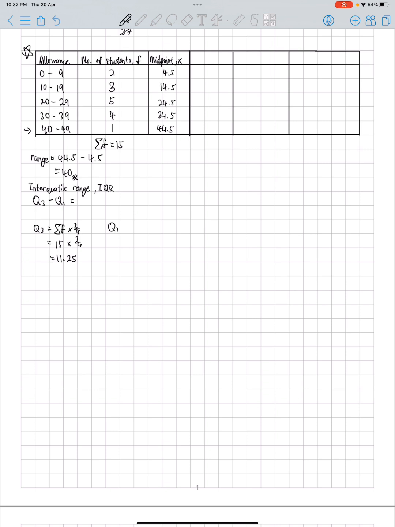Now for quartile 1, also the same formula, but this time it is multiplied by 1/4. So we get 15 times 1/4.